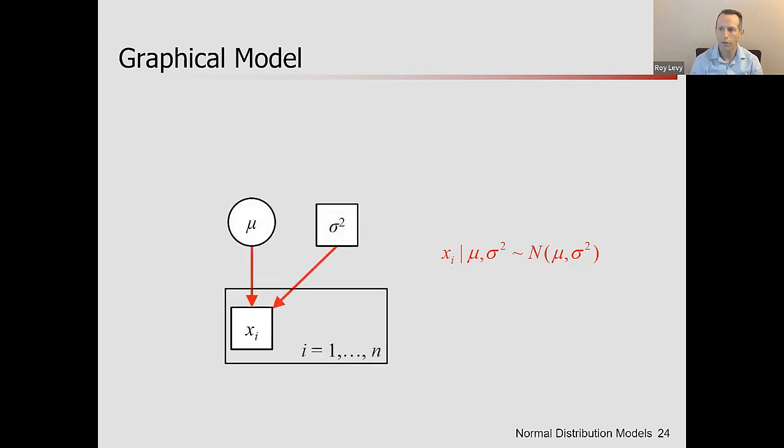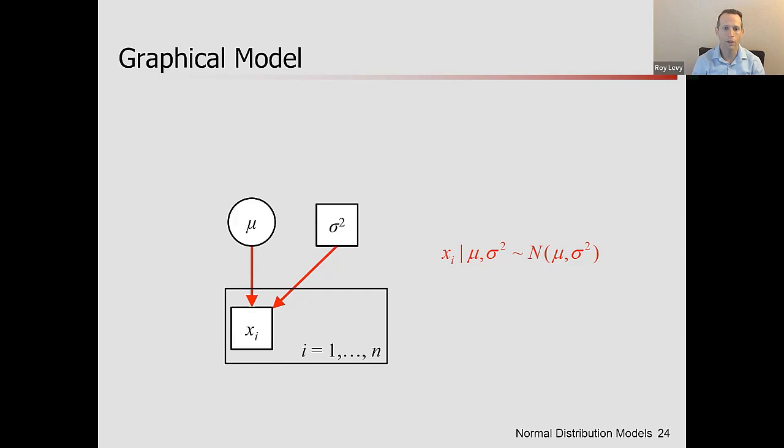I'm going to model x as a rectangle to indicate that it is a known value to me. I have values for x. My story is that x depends on two things: the parameter mu, the mean, and sigma squared, the variance. I'm writing sigma squared in a rectangle like x because right now I'm saying I know the variance sigma squared. That's a known entity for me.